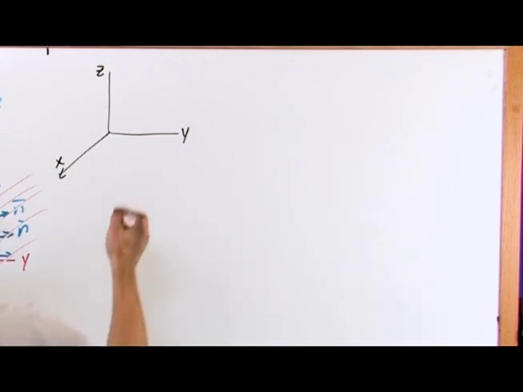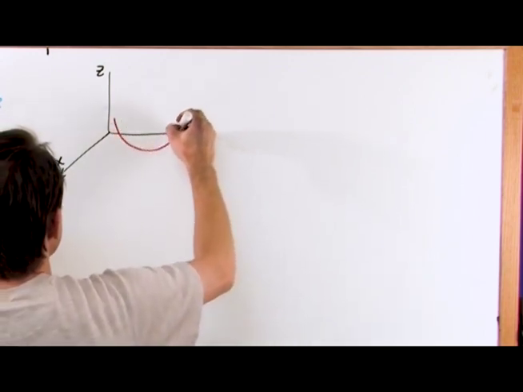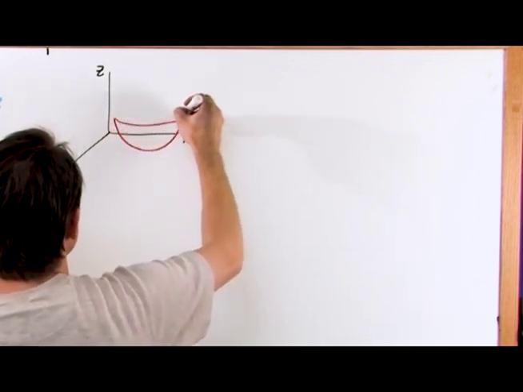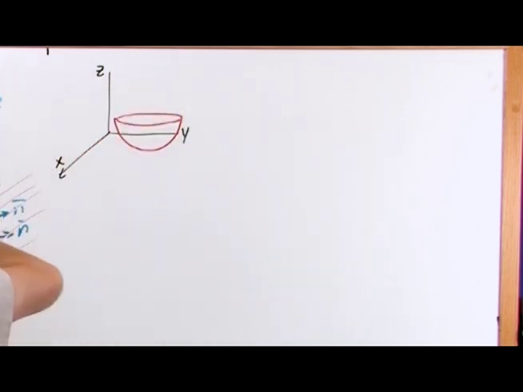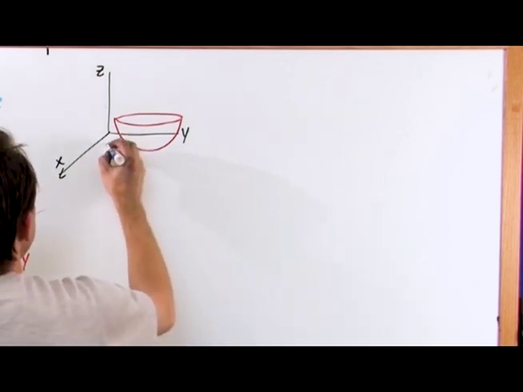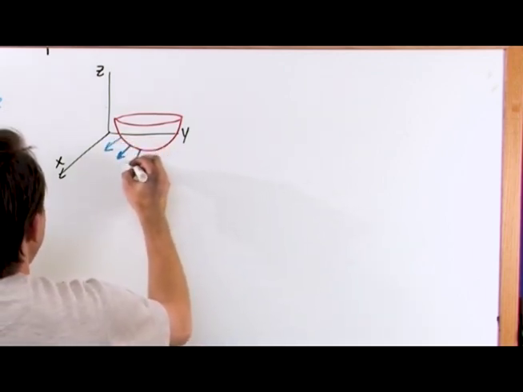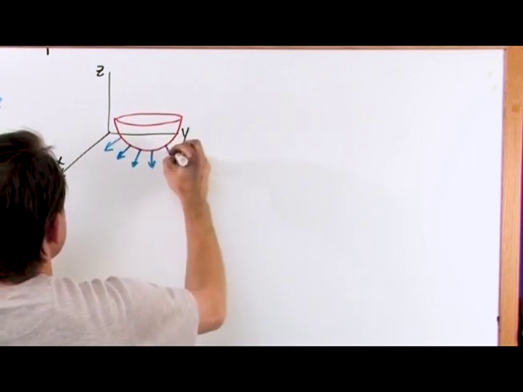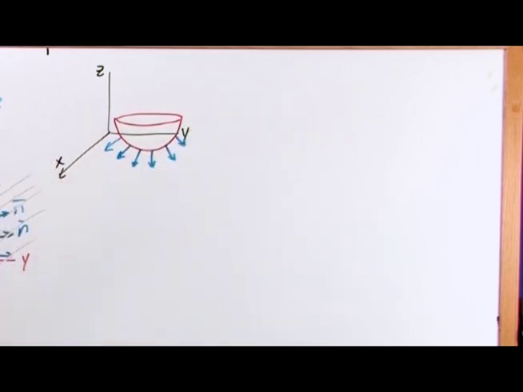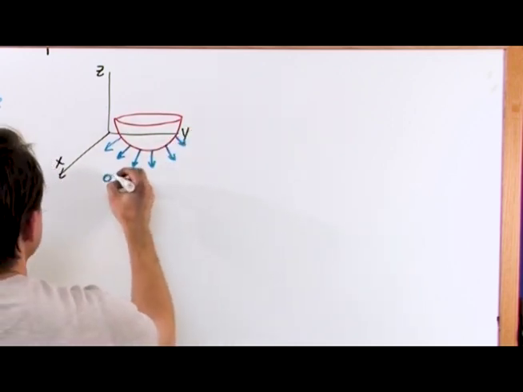Let's say that your surface was kind of like a salad bowl, just for the sake of a drawing. That's your surface. That's the surface I'm going to integrate some flux over. And let's say that the normal vector pointed outside of the surface, so to speak. Okay? So this is outward.